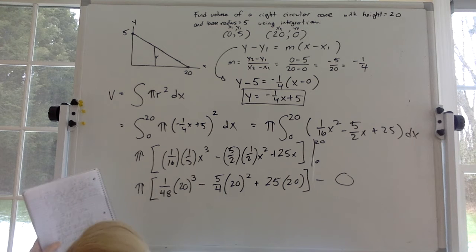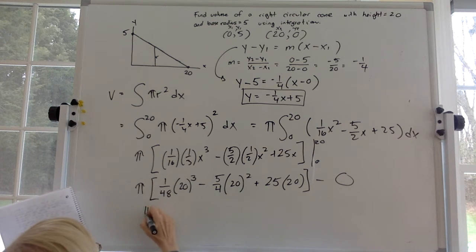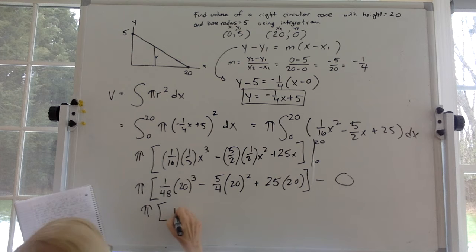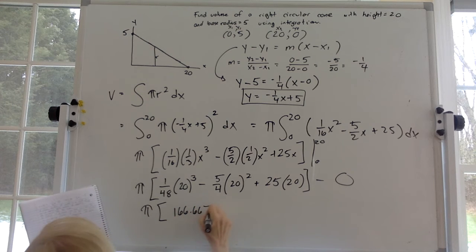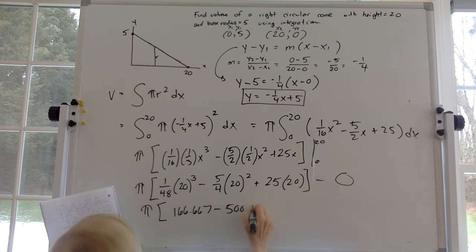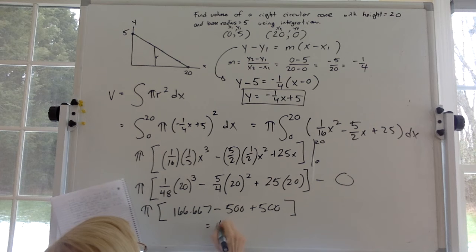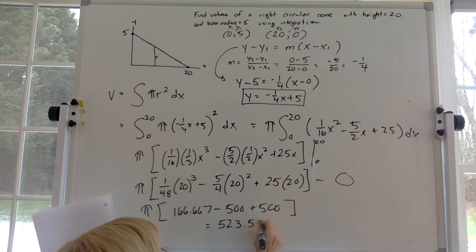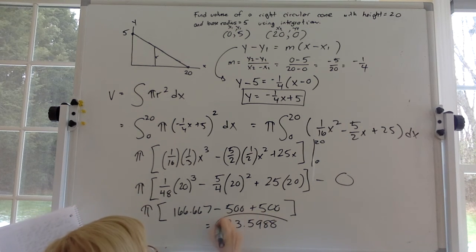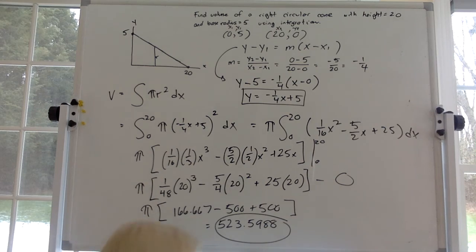So what do we end up getting? Whoa, we end up getting pi times 166.667 minus 500 plus 500. So those cancel out, but you got to multiply the pi. So I got 523 point, I don't know how many decimal points they want you to carry it out to, but that's what I got.